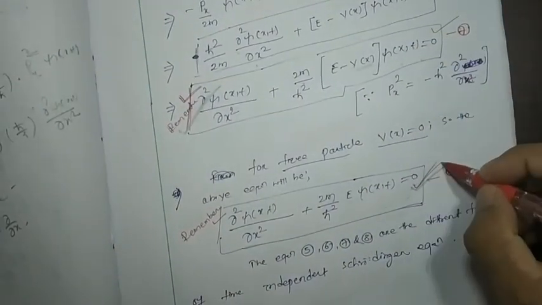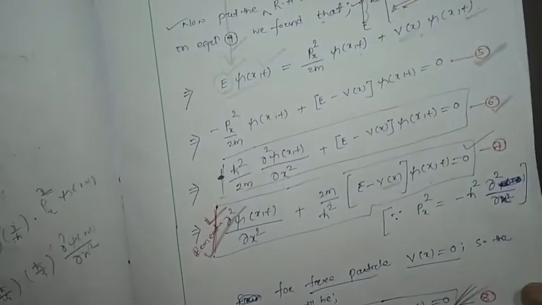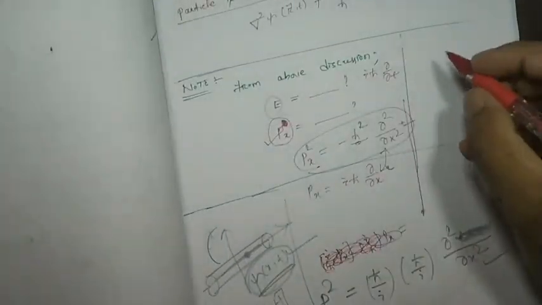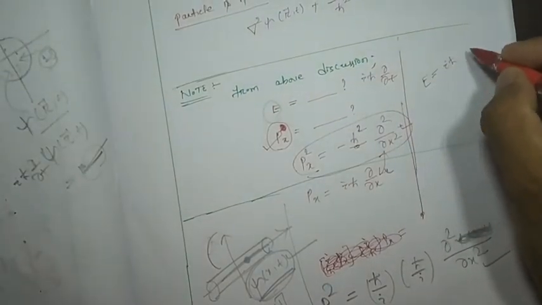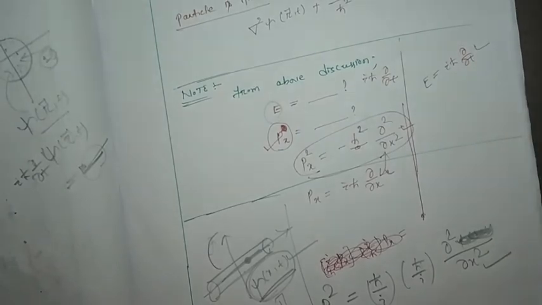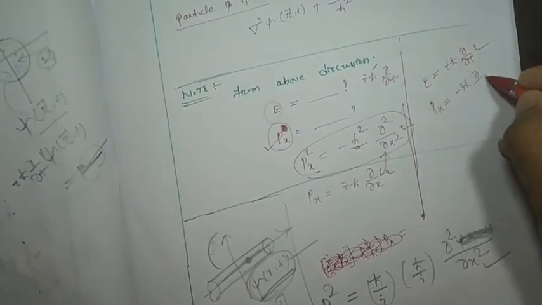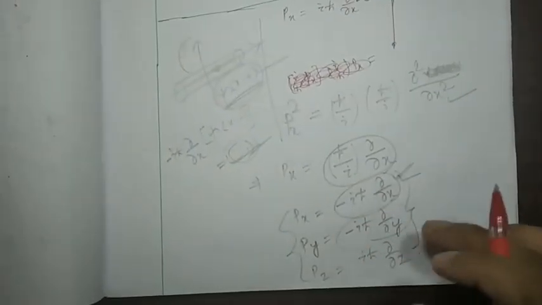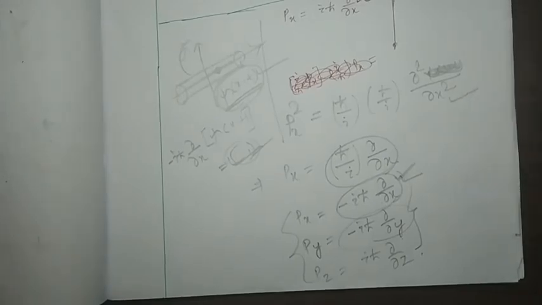These two expressions are most important in our future classes. And E is i h cross del by del t, and px is minus i h cross del by del x, and correspondingly py and pz also you have to remember, which will be helpful for our next classes.